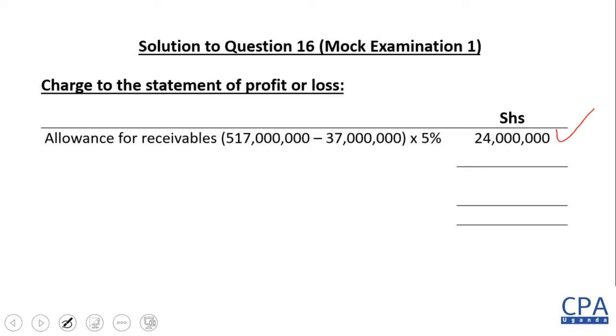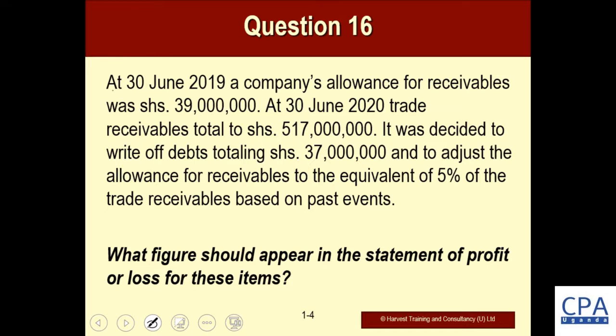However, we are told that at 30th of June 2019, the previous financial year, the company's allowance for receivables was 39 million. The accounting knowledge we use here is that of provisions. According to International Accounting Standard 37, we are required to review our provisions at the end of every financial year to determine whether there is an increase or decrease in the provision.